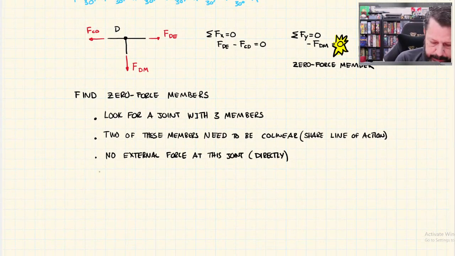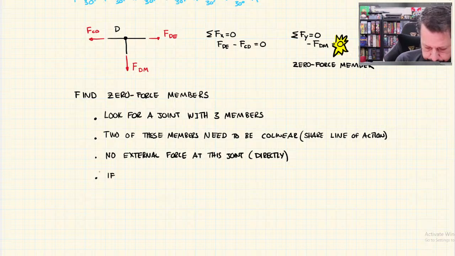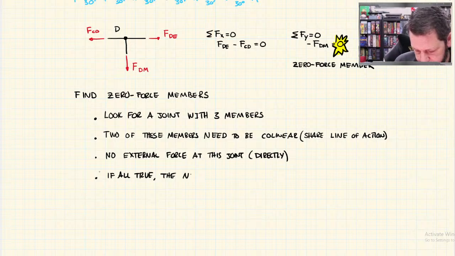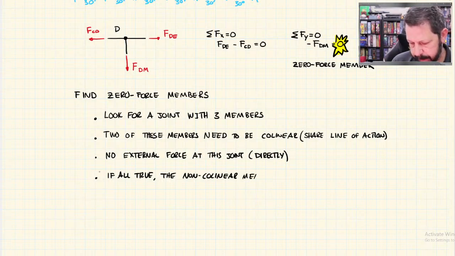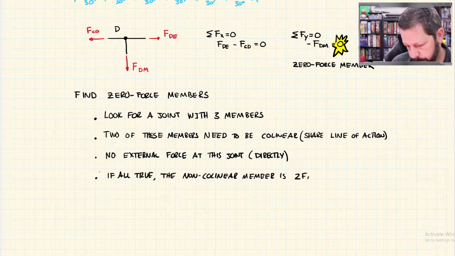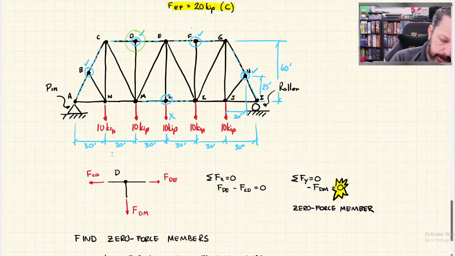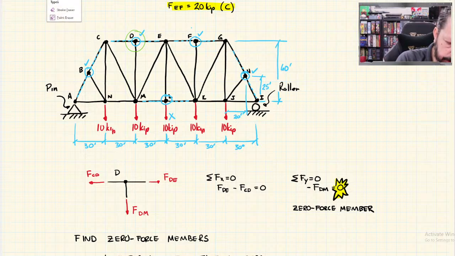So if all of these 3 things were true, the third member, the non-collinear member, is a zero force member. So BN, let's see, I'd like to erase with a small eraser.